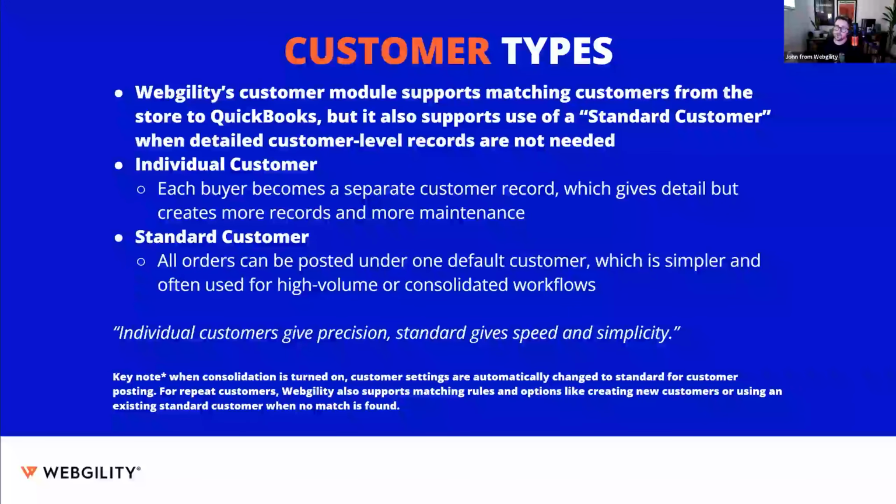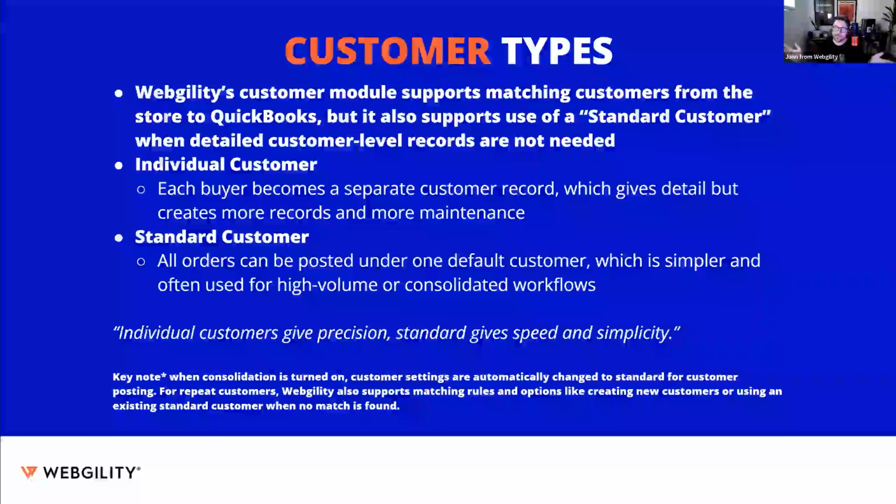If it doesn't find the customer, you can have a workflow. There's a note here at the bottom that says if it can't find that customer, create a new customer, or use something like a standard customer. A standard customer is basically a catch-all.